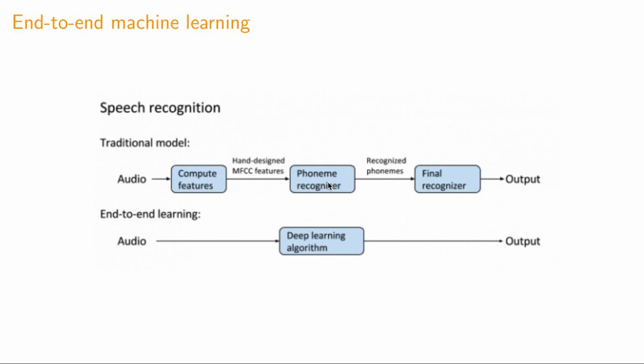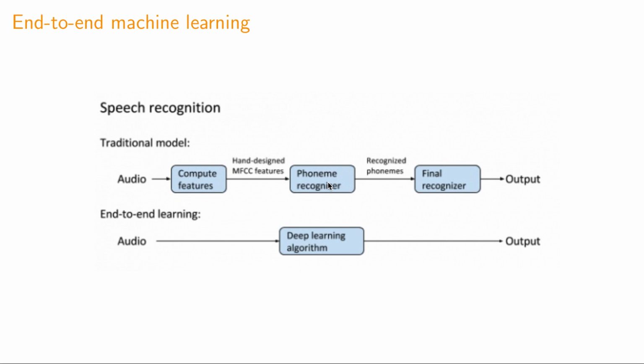And in general, a lot of domain expertise goes into this step. And once we have a representation that we think is suitable, then we can start feeding that to, for example, a phoneme recognizer, which would then recognize phonemes and can be done in a data-driven way. And the output of the phoneme recognizer is then sent to a speech recognizer to produce an output.